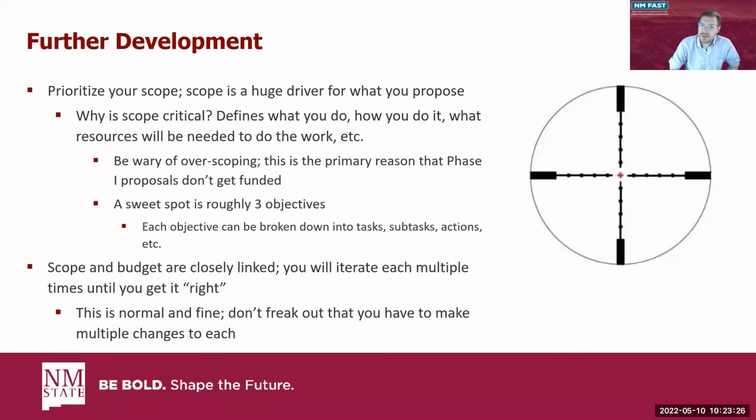So whenever you're looking at scope for a phase 1, always look for maybe 3 objectives, because that's the sweet spot. That's the, okay, 6 to 12 months, roughly $250,000. I just need to establish feasibility. Here are the things that I can do to say, this has merit, because that's what you're doing during this phase 1, is you're just establishing that there's some merit here.